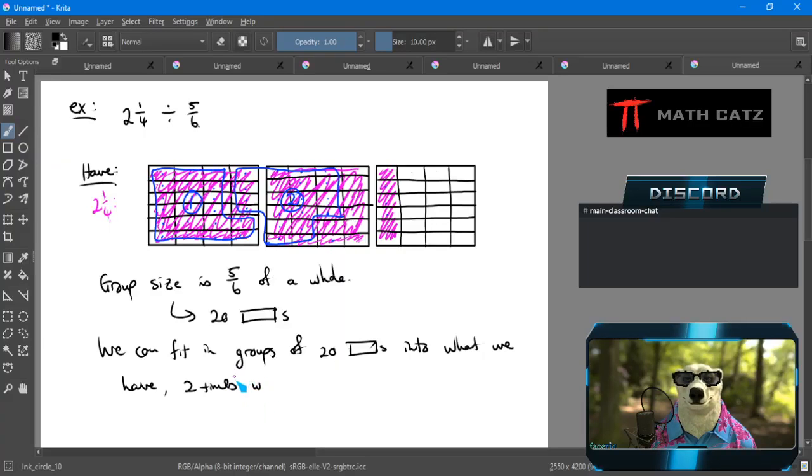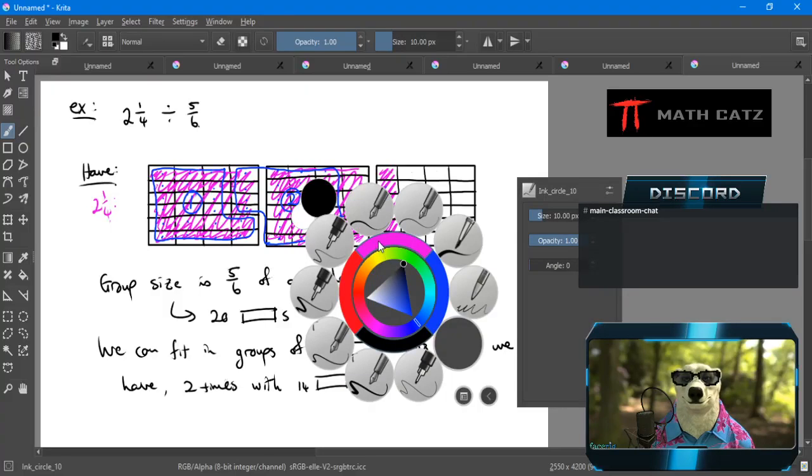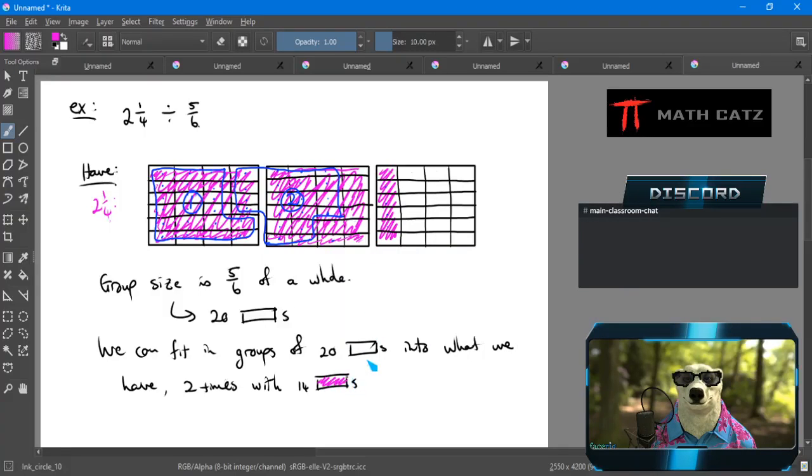Oh, come on, that's ugly. 2 times with, what did we say? 14 pieces that are pink left over.